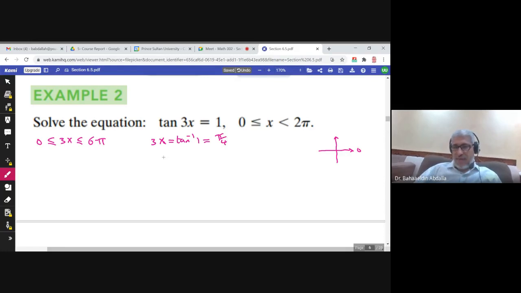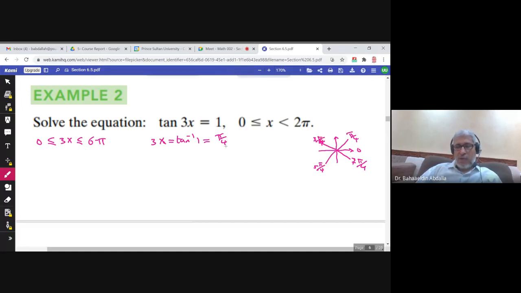So our reference angle is pi over 4. So we have pi over 4 here, 3 pi over 4 here, and 5 pi over 4 here, and 7 pi over 4 here.